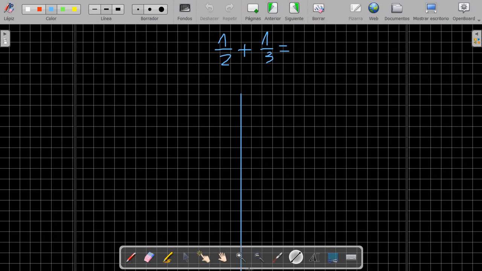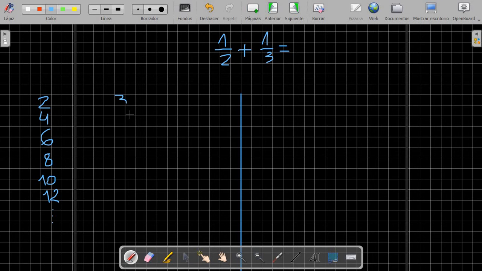Well, for that we need to find the least common multiple of both denominators, of 3 and 2. And how can we find it? Well, we can find all the multiples of 2, which are 2, 4, 6, 8, 10, 12, and so on. They're infinite.